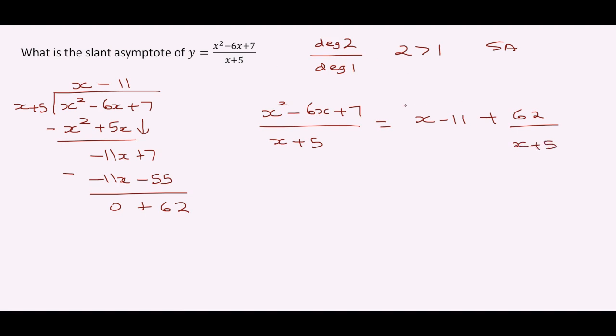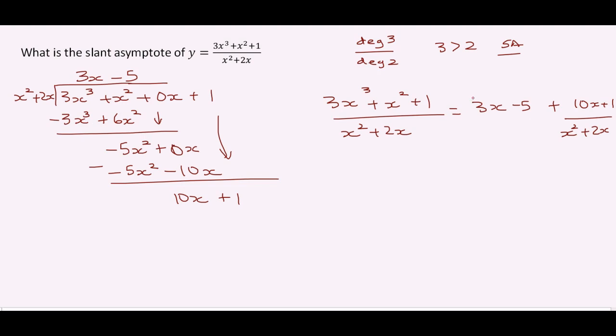So x minus 11 is our slant asymptote. In the previous case, 3x minus 5 is our slant asymptote.